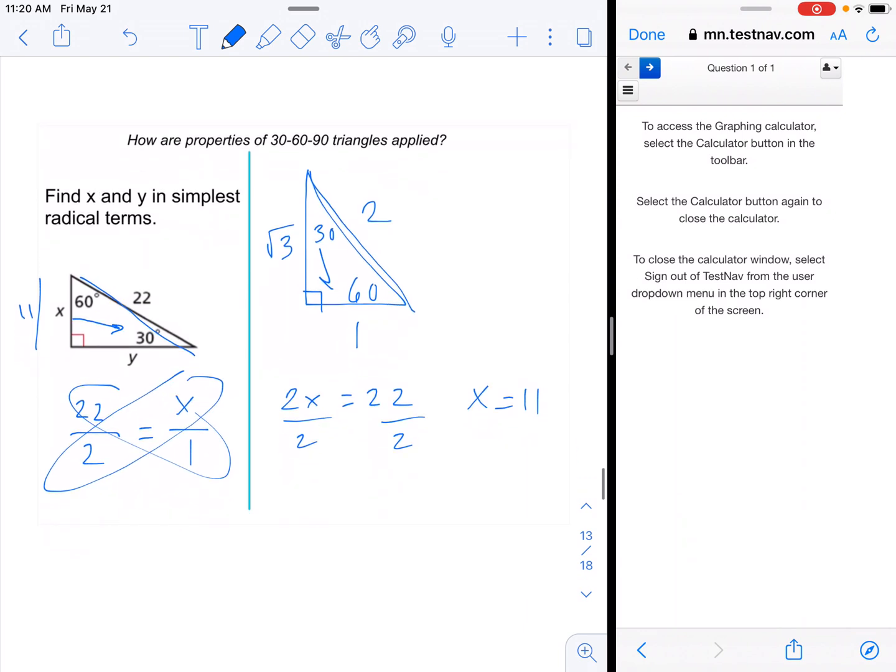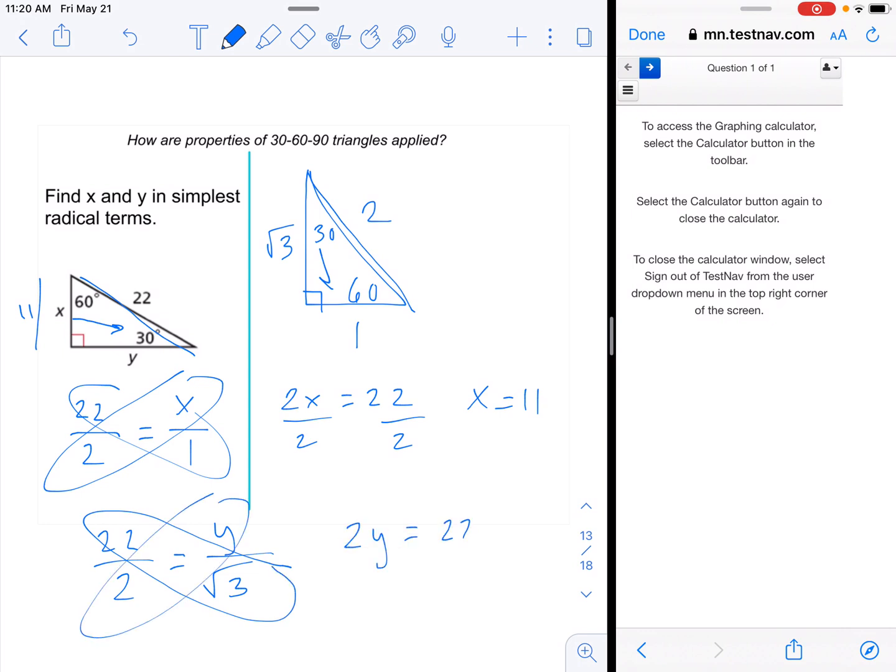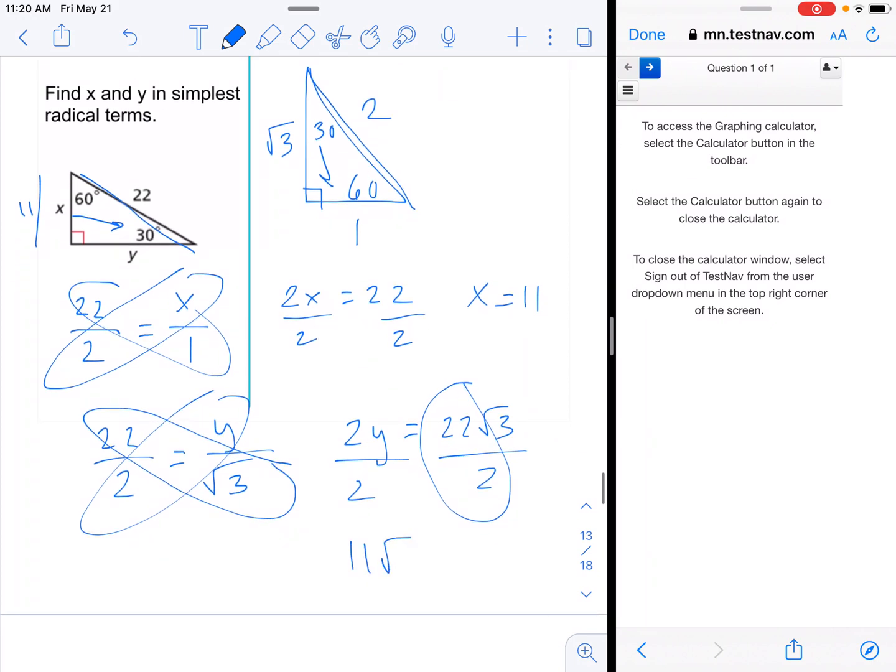So if x equals 11, now we can find y. These triangles are proportionate. I can do 22 over 2 equals y over the square root of 3. And I can cross multiply. 2y equals 22 square root of 3 divided by 2. 22 divided by 2 is 11 square root of 3.